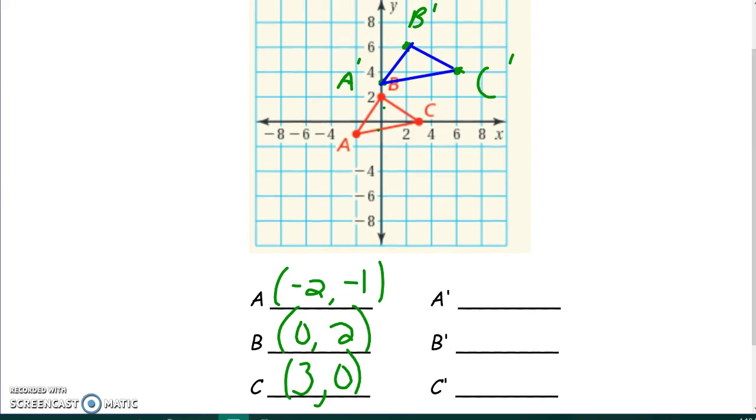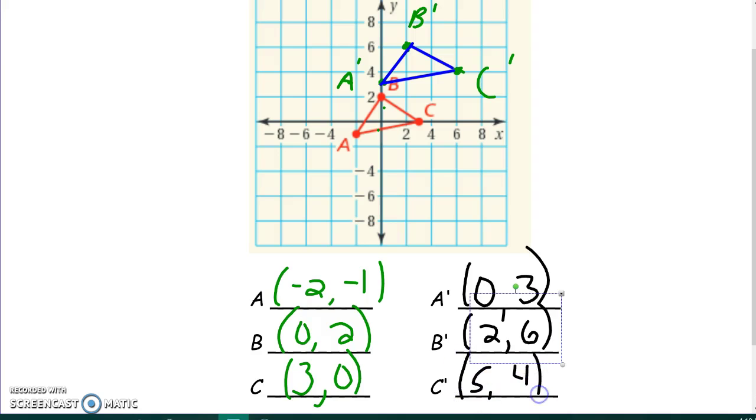Now I can confirm that we've done this correctly. If we look at the coordinates, it's 2 to the right, so that'd be plus 2. So that's why this is at 0, and 4 units up makes that 3. And I can confirm, look, 0, 3 for A prime. Cool. So B prime should be at 2, 6, which it is, and C, 5, 4.